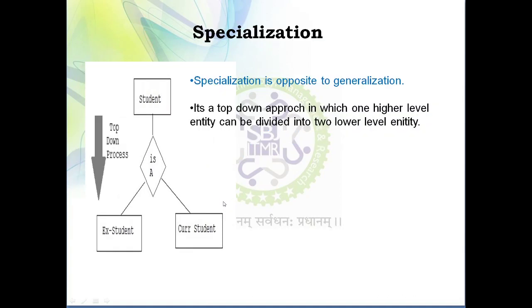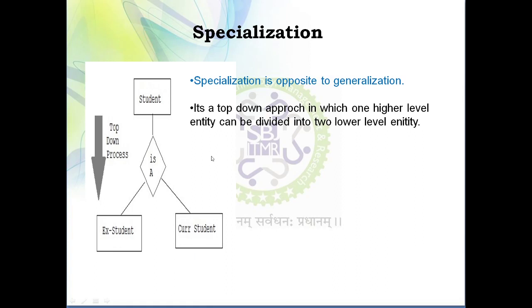Exactly opposite to the concept of generalization, there is the concept of specialization. In specialization, it's a top down approach. In generalization it's a bottom up approach, whereas specialization is a top down approach. Here you observe one higher level entity is divided into a number of lower level entities. Here you observe this student is a higher level entity which is divided into two types such as ex student and current student.